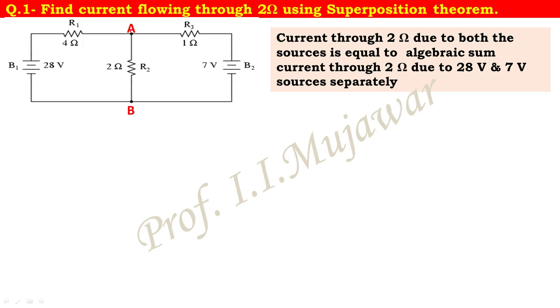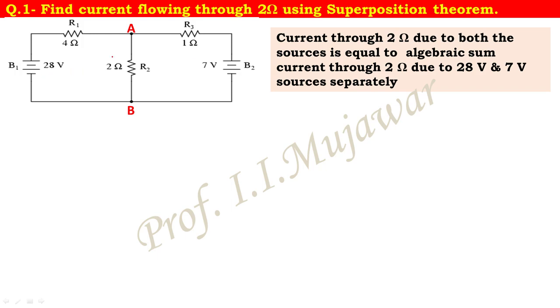Here the meaning is I have to calculate current flowing through 2 ohm due to 28 volt only. At that time, this 7 volt source must be removed. And to remove the voltage source, we have to replace it by a short circuit, or if its internal resistance is given, we have to replace that source by its internal resistance. This is the first step.